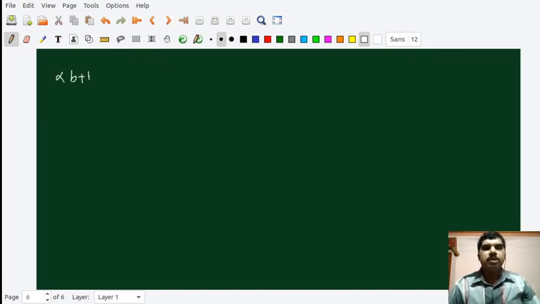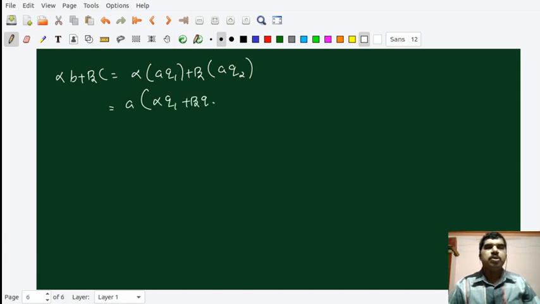Alpha B plus beta C is alpha into A q1 plus beta into A q2. If we take this A outside, we get A into alpha q1 plus beta q2. This we can call some q3. Therefore, we get alpha B plus beta C as a multiple of A. Therefore, A divides alpha B plus beta C.